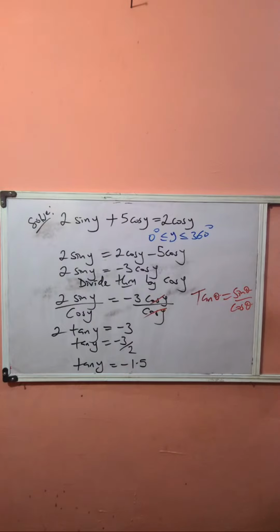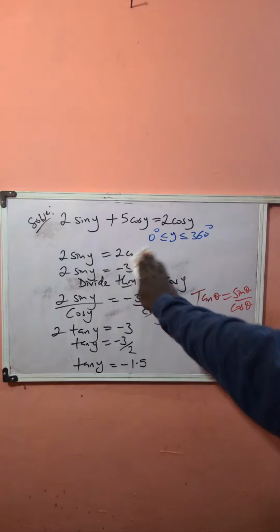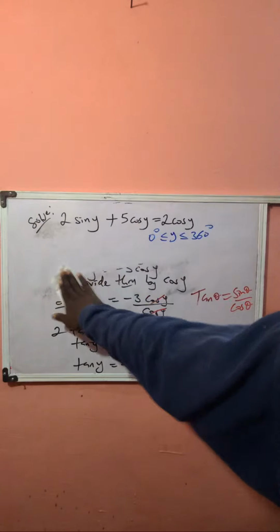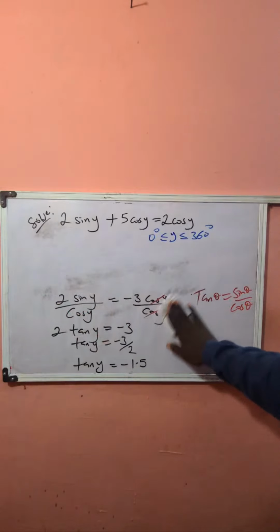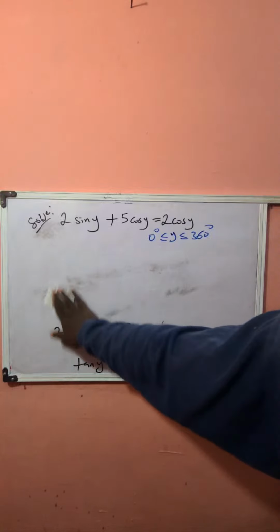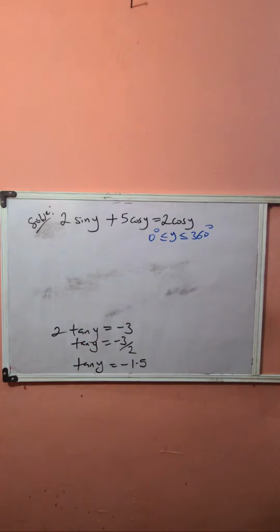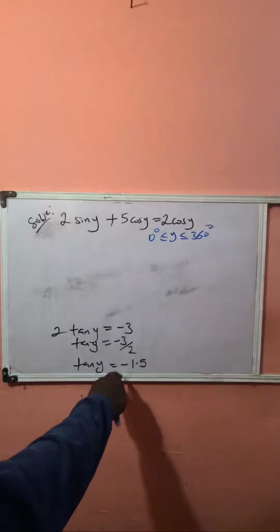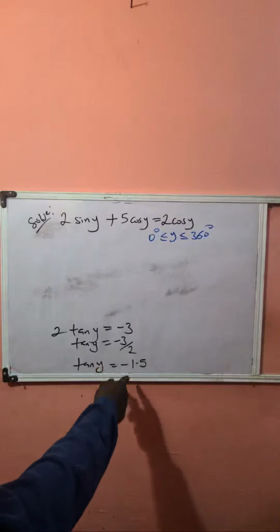Now, this is good, but what we have to do next is to find a way to find y. Don't forget, when we are told to solve a particular equation, we are supposed to find the unknown variable. So now we have y as our unknown variable, and we want to resolve for it. We have tan y equals to minus 1.5. I told you already that the very first step is to ignore whatever sign we have here, either positive or negative. Here we have negative. If we had positive, it will not matter.